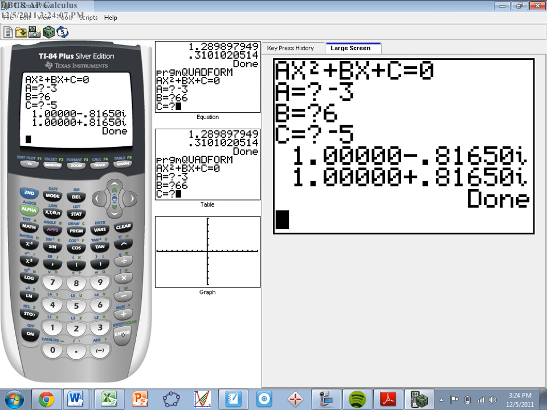Now, see, our answers have i's next to them. If we left it on float, all these decimals would have been displayed and they don't show the i there. Again, we changed float to 5 to show that we're only going to have 5 decimal spots for each. 1, 2, 3, 4, 5, 1, 2, 3, 4, 5, and then the i there. Okay, so you can get imaginary answers, and notice they are conjugates of one another again.